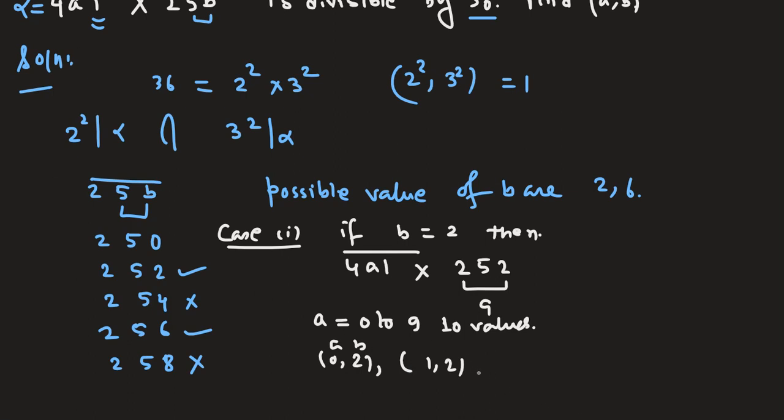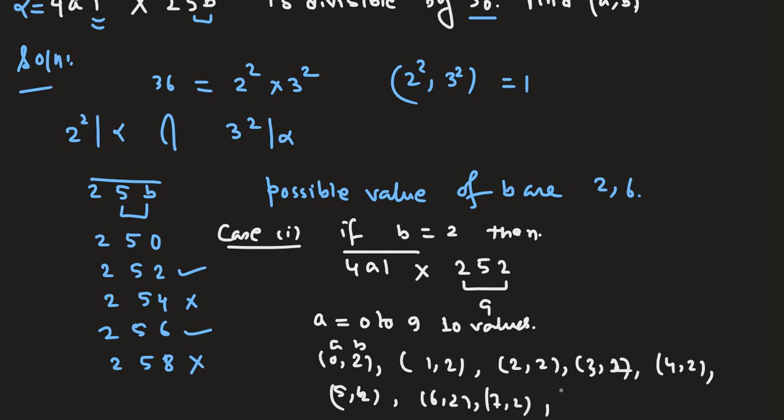Then A is 2, B is 2, A is 3, B is 2, A is 4, B is 2, A is 5, B is 2, A is 6, B is 2, A is 7, B is 2, A is 8, B is 2, A is 9, B equal to 2, like that. So in total we have 10 possibilities. Okay, now.